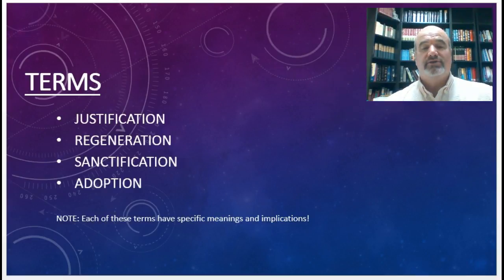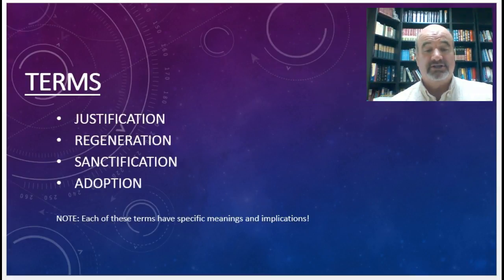You need to know the definition of these terms and the distinctions that they hold from each other, also the implications that each one carries. There'll be quite a few true-false questions, some multiple choice, but quite a few true-false questions on the exam that will be asking you specifically about these words and what they mean and how they affect us. So make certain you grasp these terms.